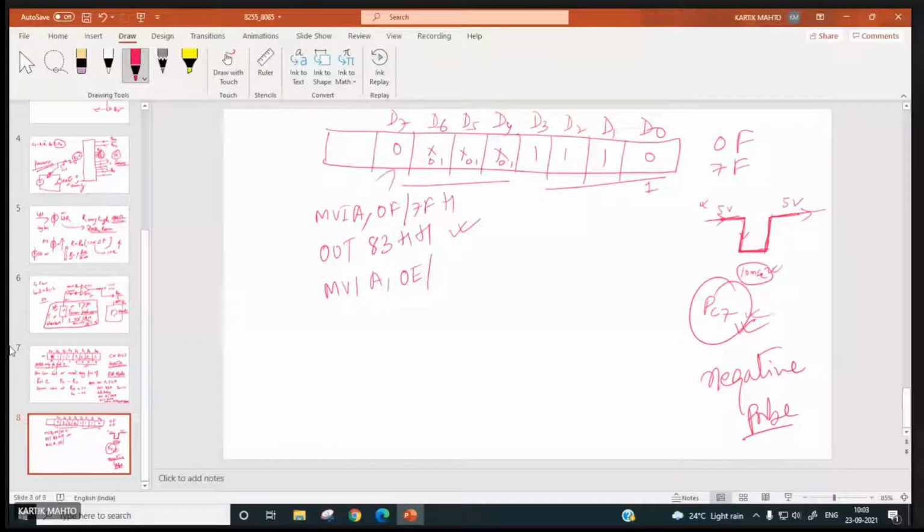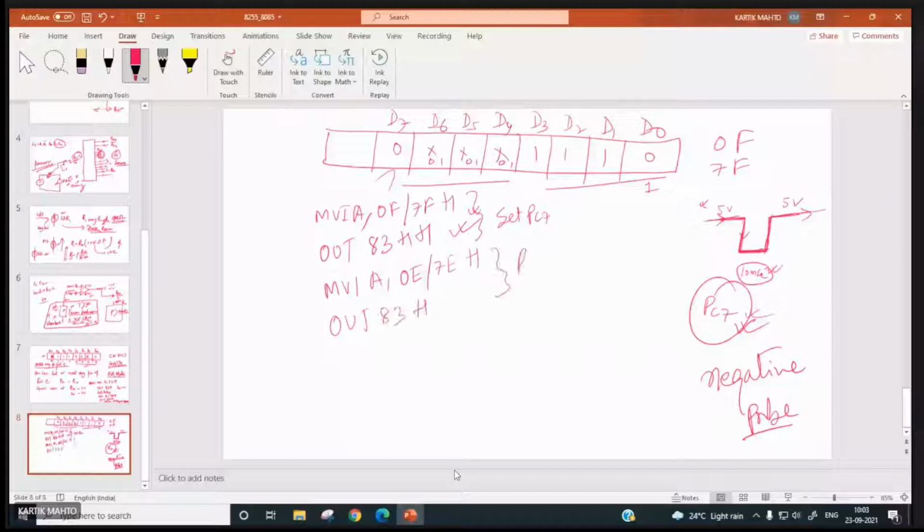So here we have set PC7. Now we have to reset it. So MVI A, 0E or 7EH, then OUT 83H. So this resets PC7.